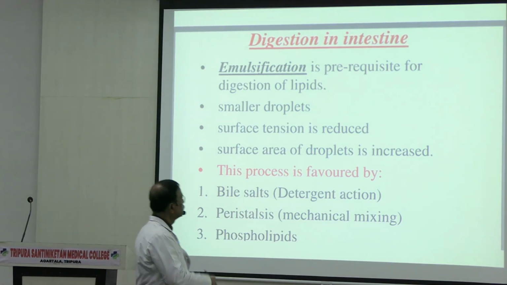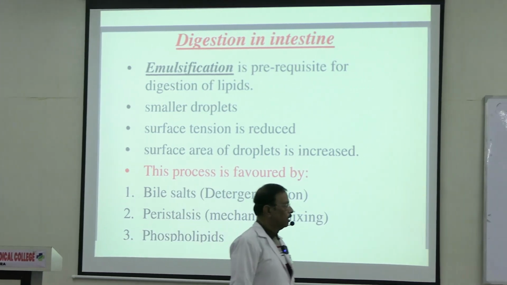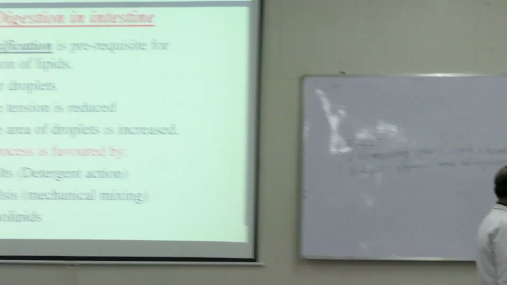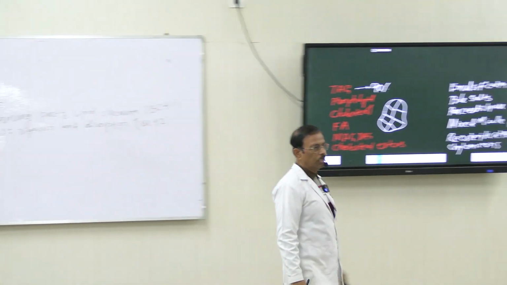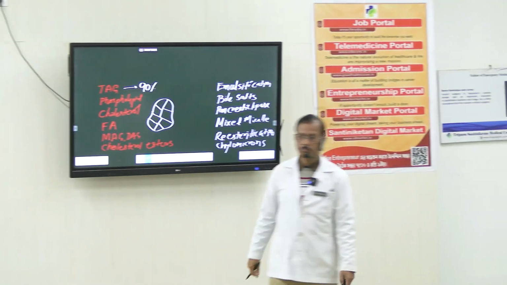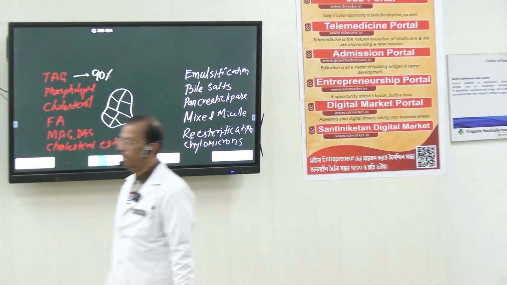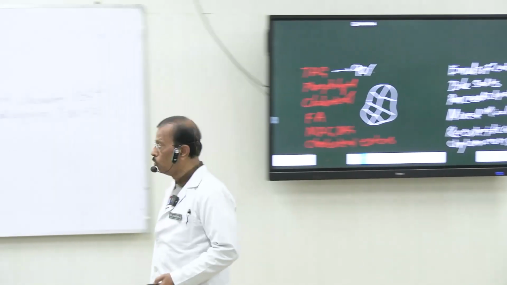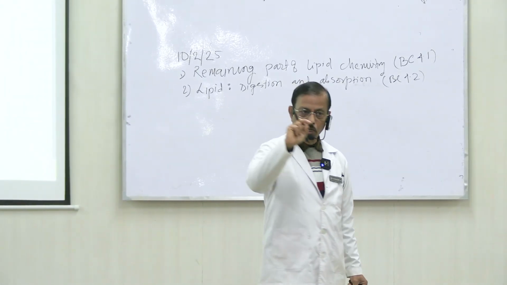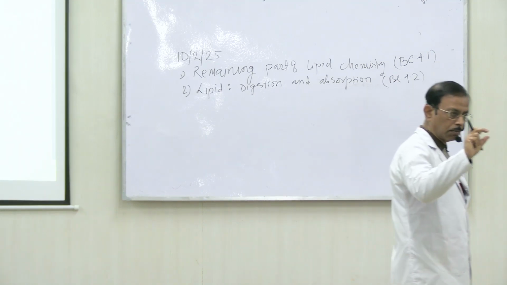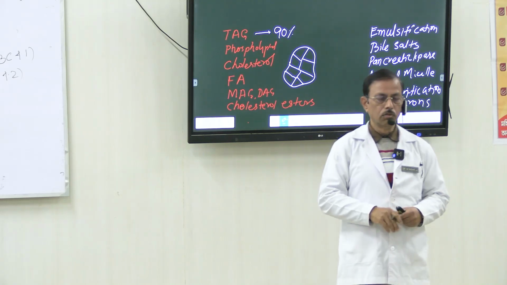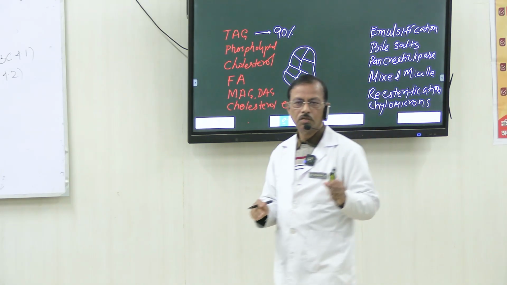Now, here comes the role of emulsification. Emulsification is provided by the bile salts through their detergent action, and by the peristaltic movement, the mechanical mixing. In a bottle, you add oil and some amount of water, shake it. You will see that it becomes milky.